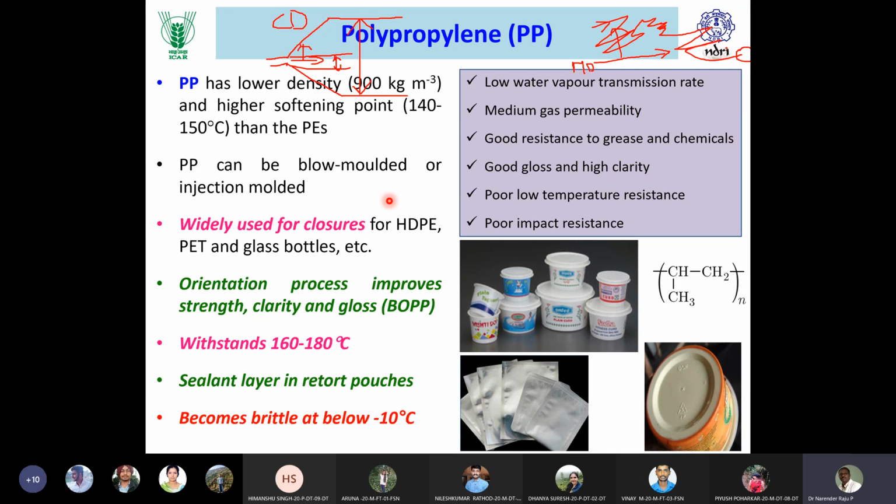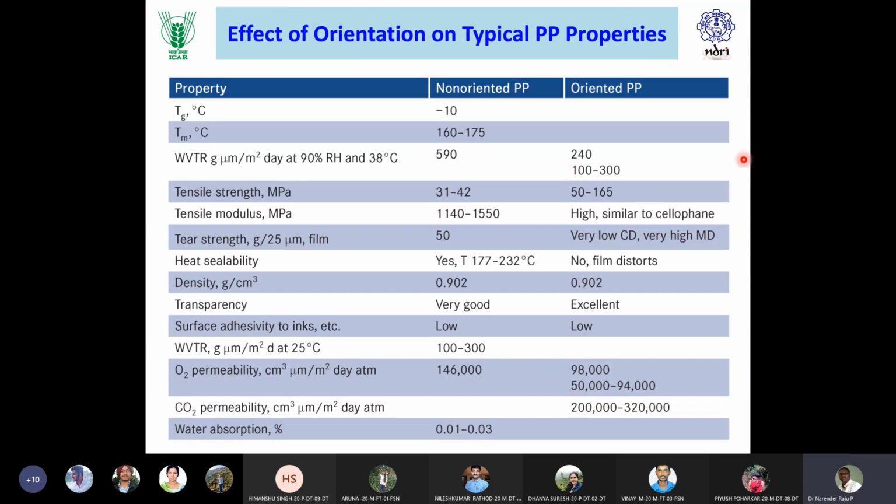So the same material, when it is stretched in both the directions, the thickness is reduced. And because of this alignment of the polymer chains, many benefits in terms of properties are occurring. Just look at this slide. With regard to the oriented and unoriented material, there are no major changes in the glass transition temperature or the melting point, but you can note the changes in the water vapor transmission rate.